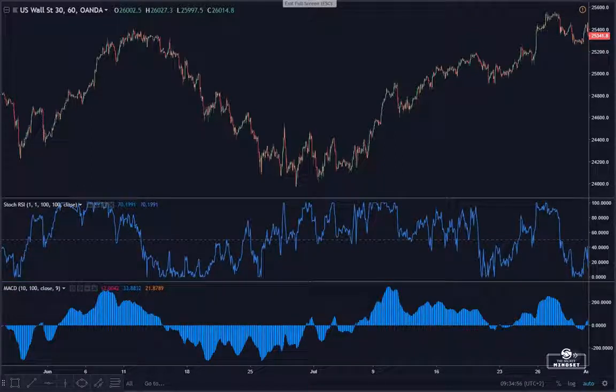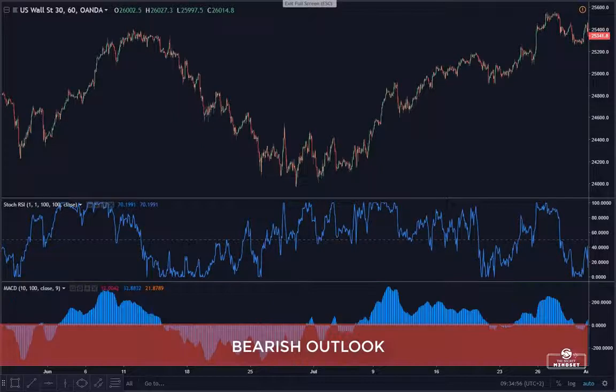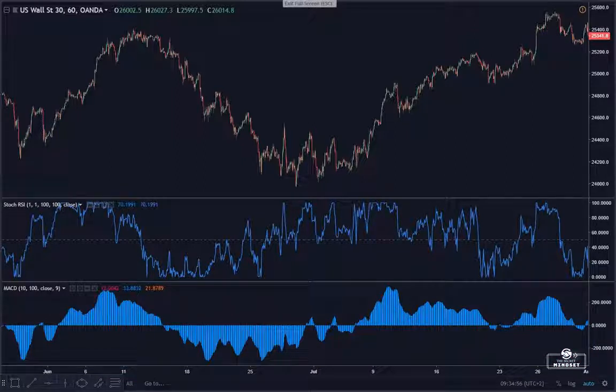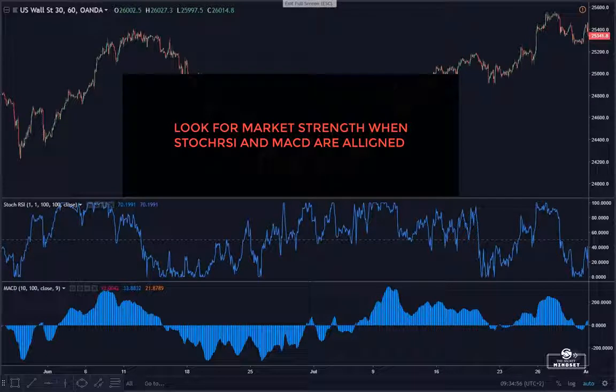I prefer to confirm the entries with MACD. MACD above 0 level suggests a bullish outlook, while MACD below 0 level indicates a bearish scenario. The setup is simple. We look for market strength with the stochastic RSI and the MACD aligned.